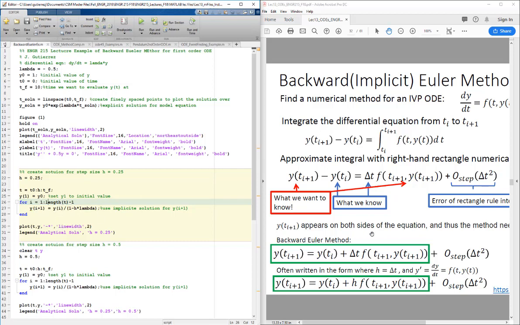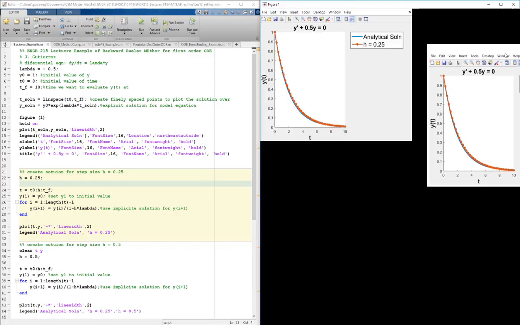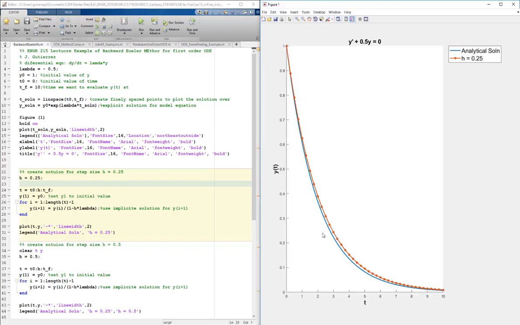So that's actually the solution to this if I were to plug in this f of t and yi as lambda t. Okay, so what that's going to do here is solve this with a backwards method. So I'll go ahead and run this first section, and then I'll run this second section, and I'll show you this numerical solution.